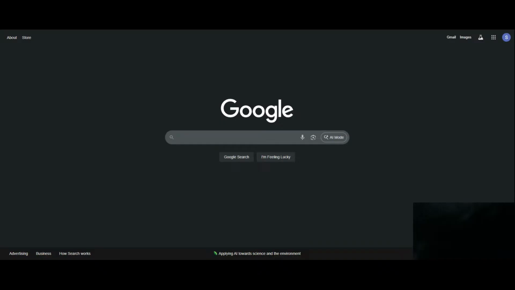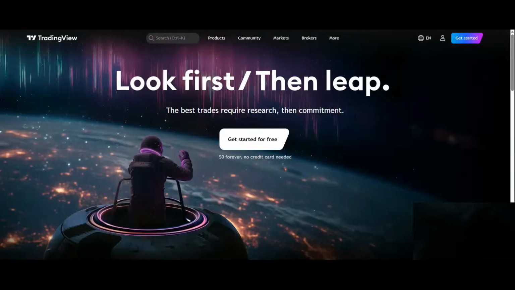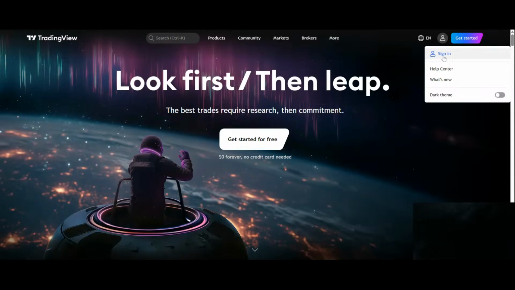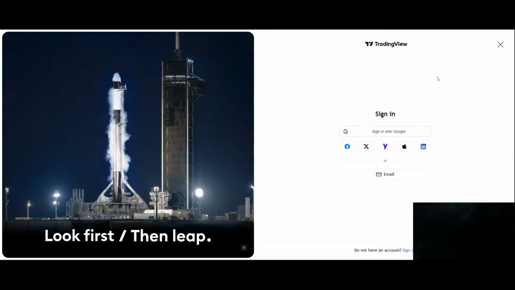All right, so we are going to set up TradingView. We're going to go to TradingView.com. Feel free to follow along. That way you can set up just as I'm going through it. So I am a Gmail user, so they give me a nice, handy little sign in with Gmail button.